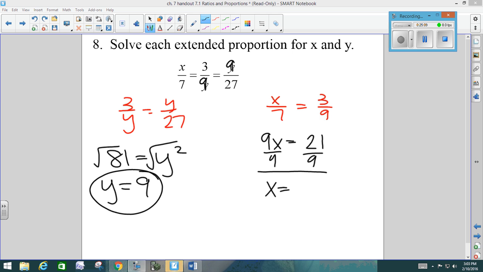How many times does 3 go into 21? No, how many times does 3 go into 21? 7. Good. How many times does 3 go into 9? 3. So 7/3. Or that would be 2 1/3. Or if you must, 2.3 repeating.